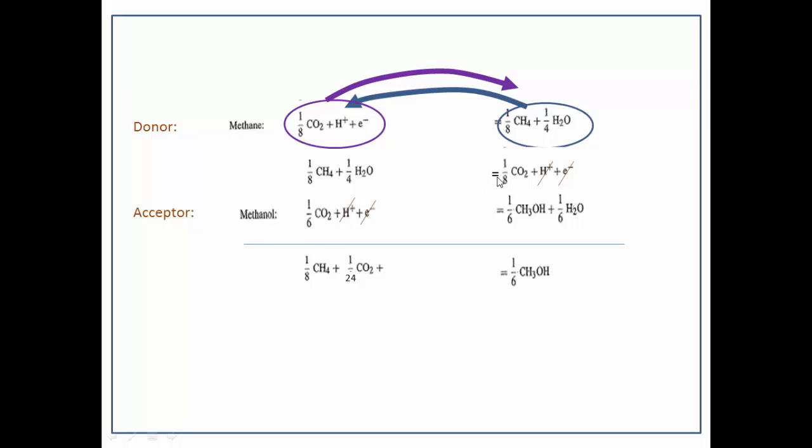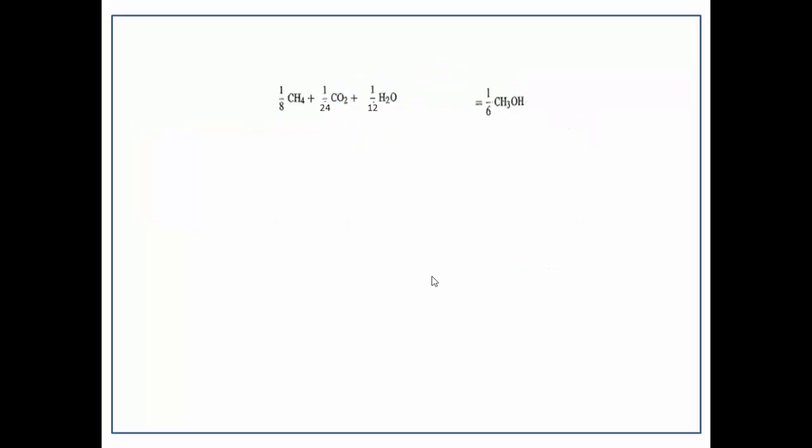So 1/6 minus 1/8 will be 1/24, and our water will be 1/12 moles of water. So this is our stoichiometry equation for the reaction, the conversion of methane to methanol.